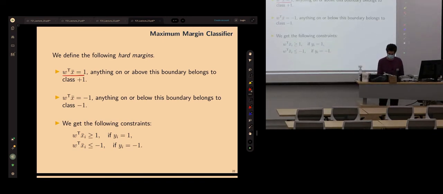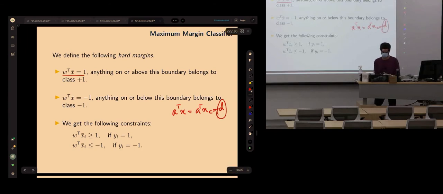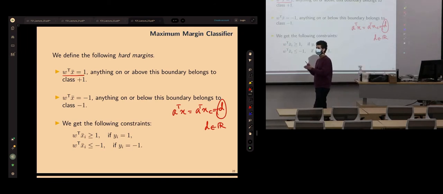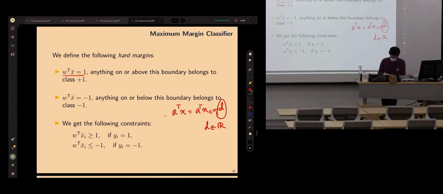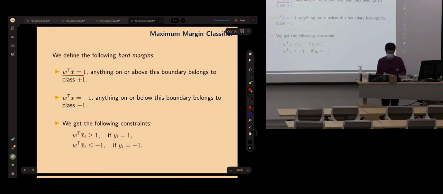So by now you know that A transpose X equals D, if on the right-hand side you have a real number, whatever it is, this is the shifted one. This is the affine subspace. It's not going through the origin. But we define it relative to our hyperplane. Now, this hyperplane does not go through the origin because W was the stacked version with bias. Now, we have W transpose X bar equals 0.